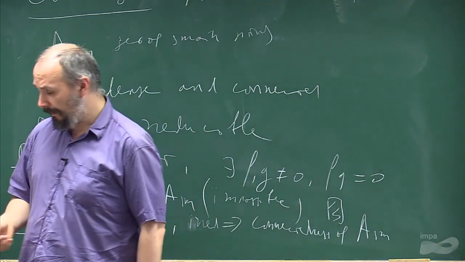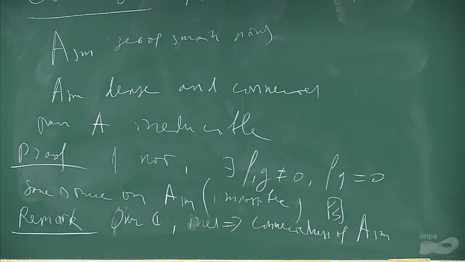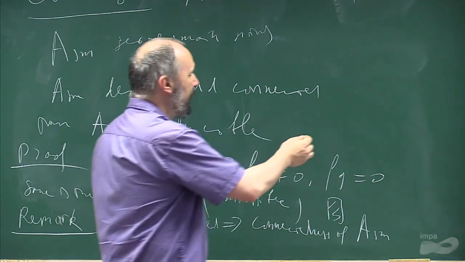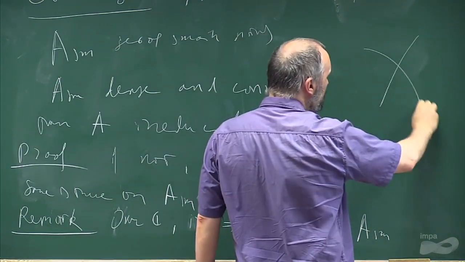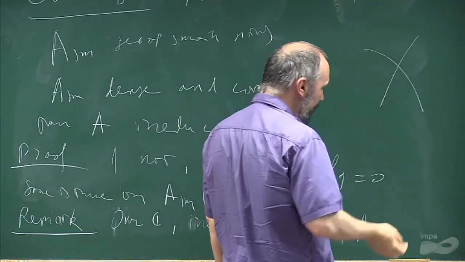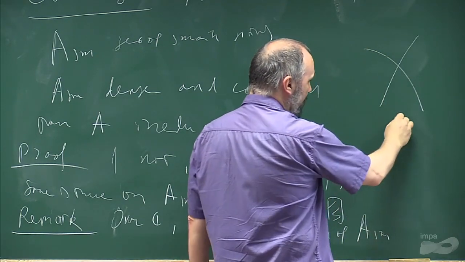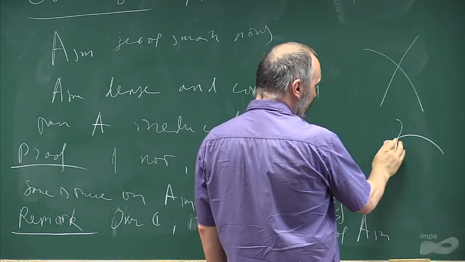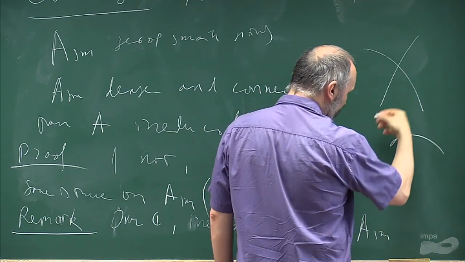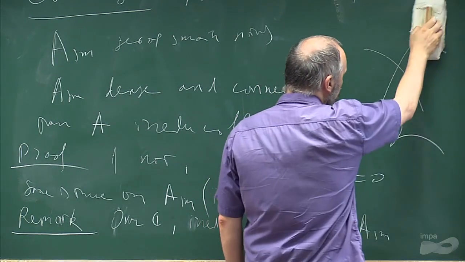But at least this should give you some intuition how this works. So you can have a union of two varieties, you can separate them, or you can have something like that, which is singular but not separable. No, you can separate branches.